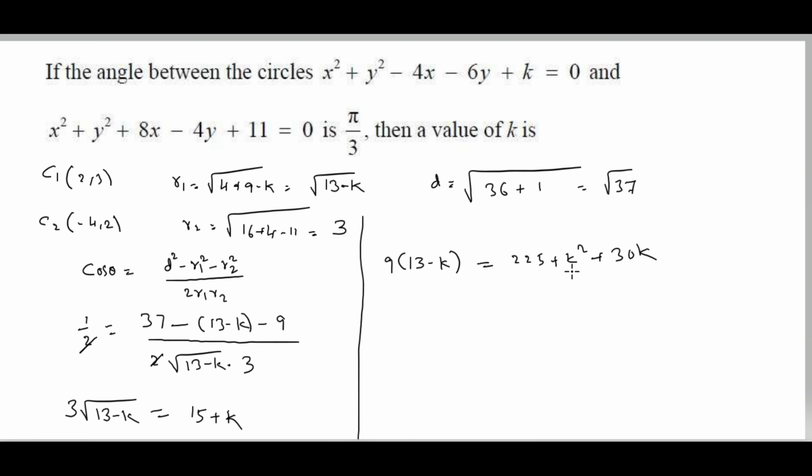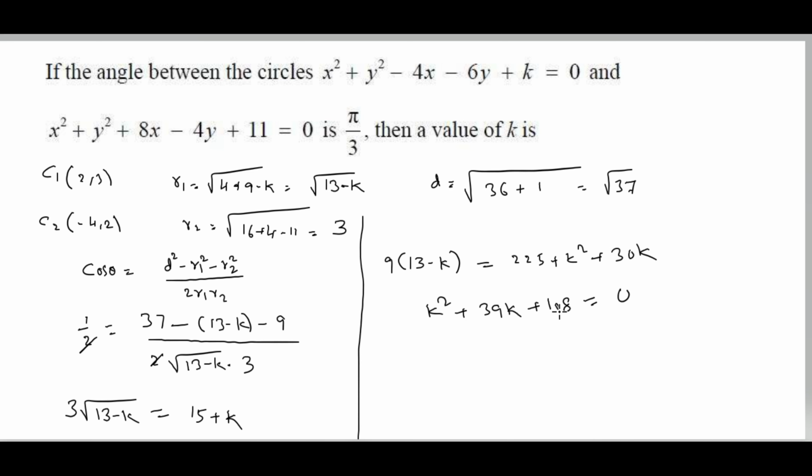From this equation, k square plus 30k plus 9k, that is 39k, plus 225 minus 9 into 13, that is plus 108, is equal to 0.